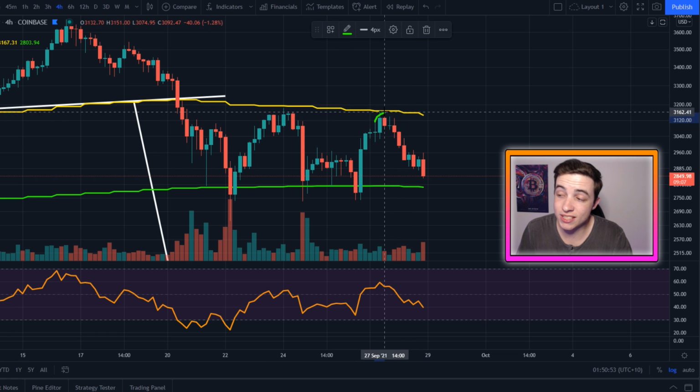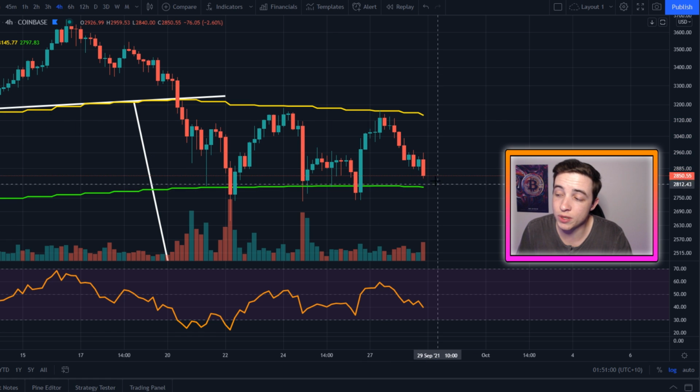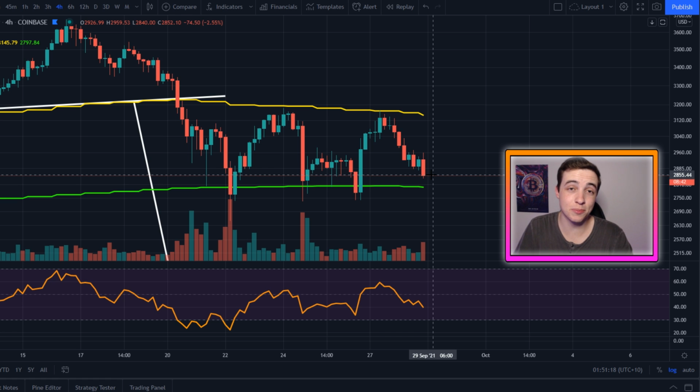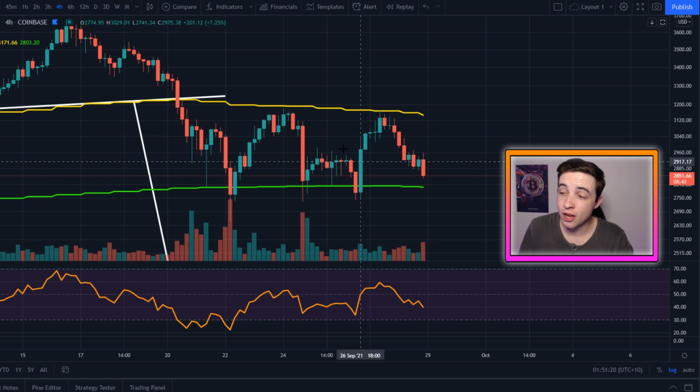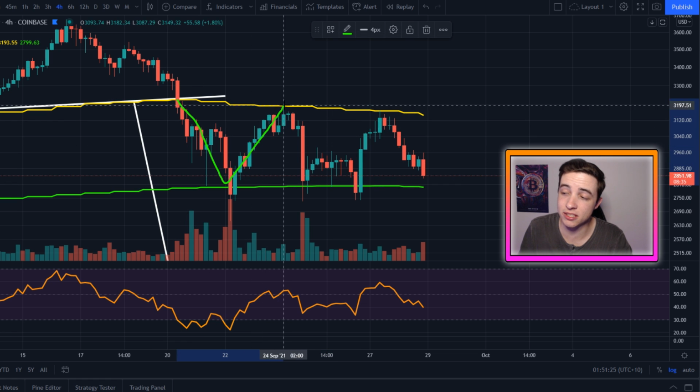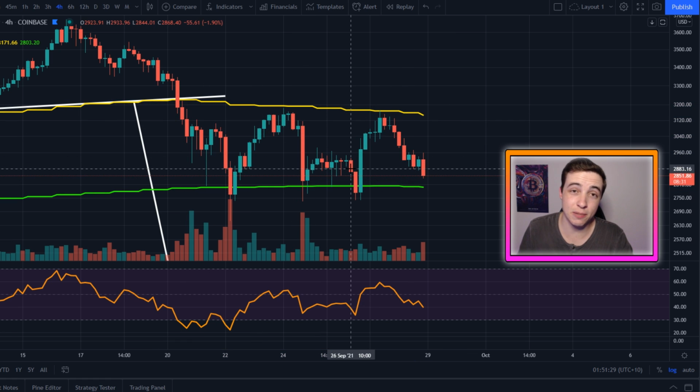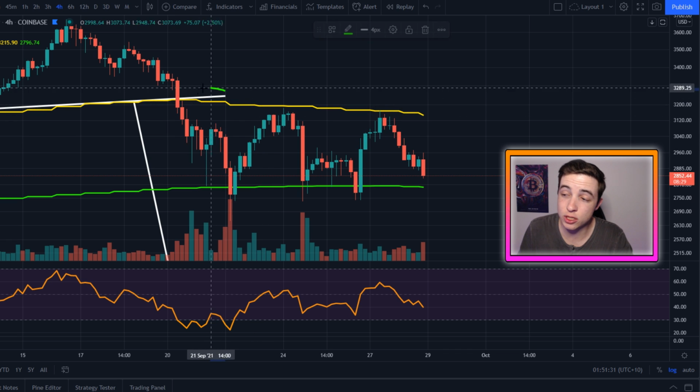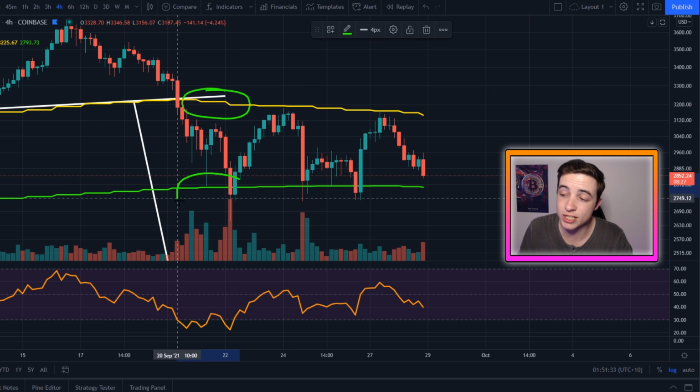The fact that we found resistance again along that 50-day EMA set up this nice move to the 21-week SMA as expected. And of course, for you subscribers out there that have been subscribed for even just a week now on the channel, all the way back around here, I was letting you guys know that Ethereum is very likely about to enter a consolidation range. And I said back then, it's very likely that it's going to be between the 50-day EMA and the 21-week SMA.